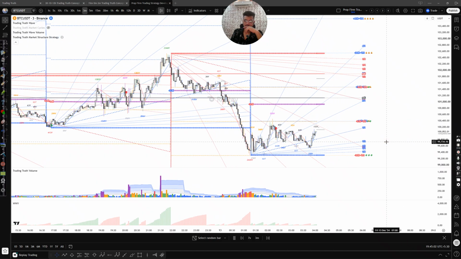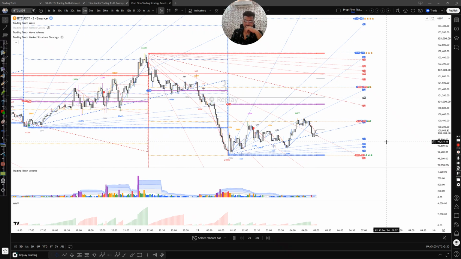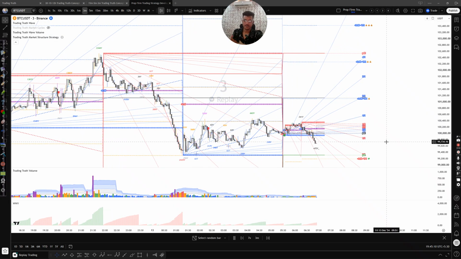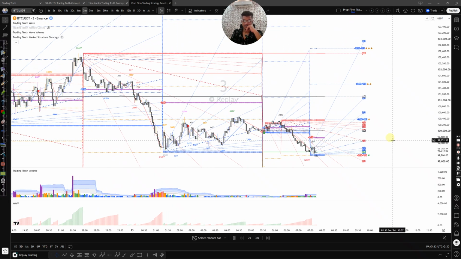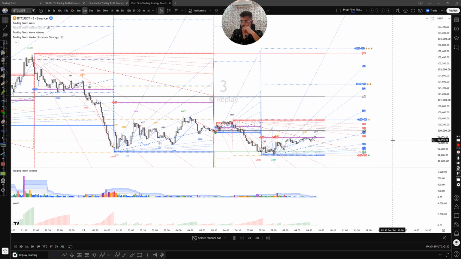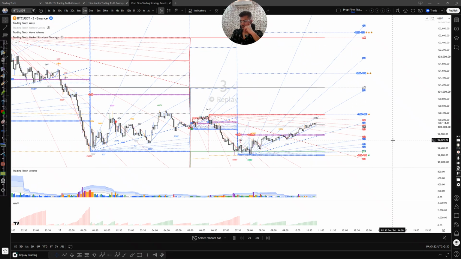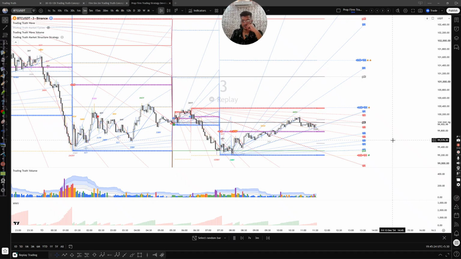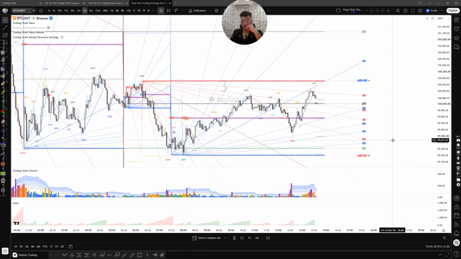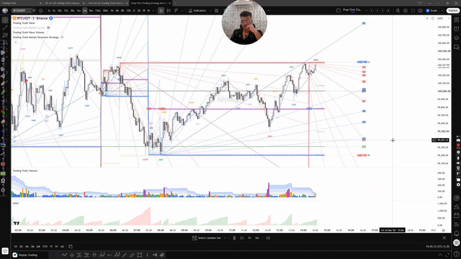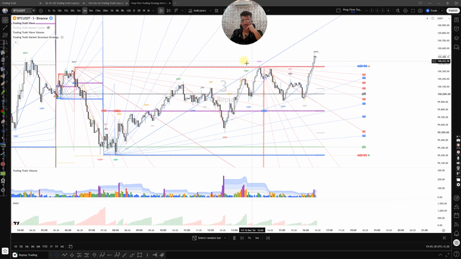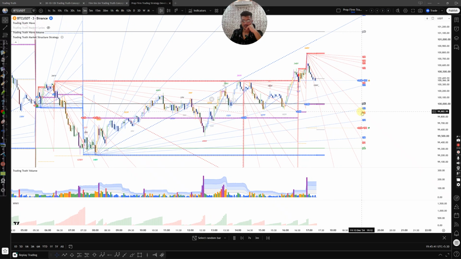Bearish divergence. We would have gotten one trade there if it closed above there.